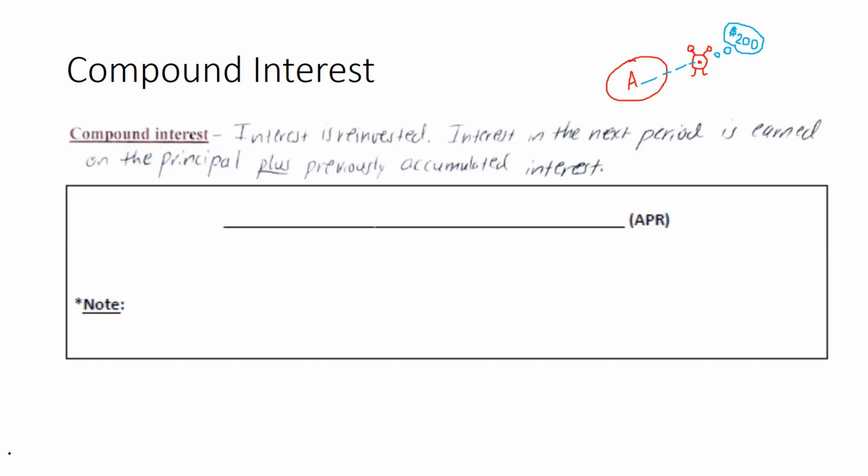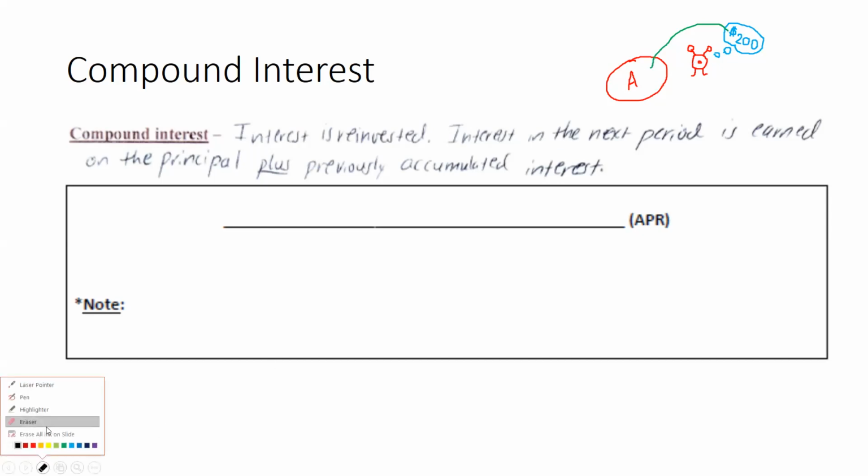Right now, just like the last time, what's going to happen is the interest monster is going to take that $200, boom, feed it into the account, and there you go. Now, here's where this interest monster is a little bit different.